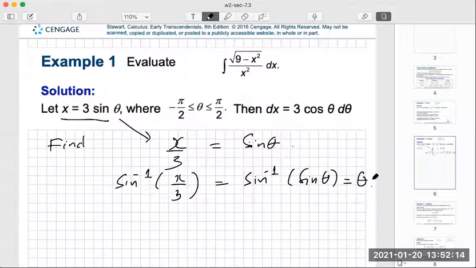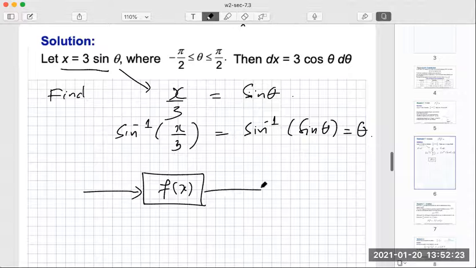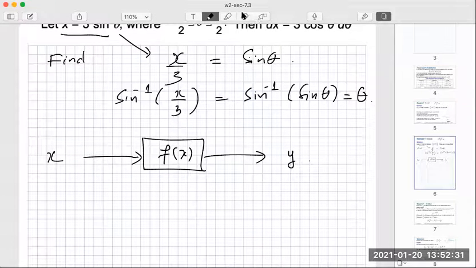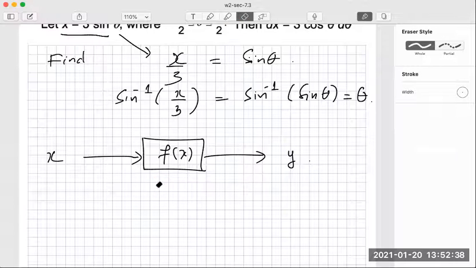And one-to-one means that, suppose this is a function, one x here will define one y in the range, right? And our function here is the sine function. Suppose this is a sine function.